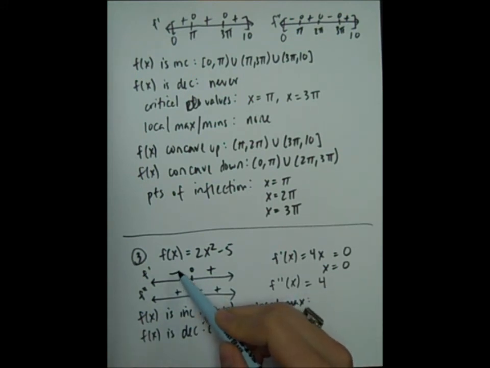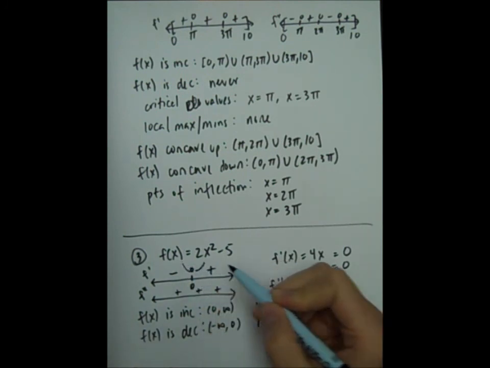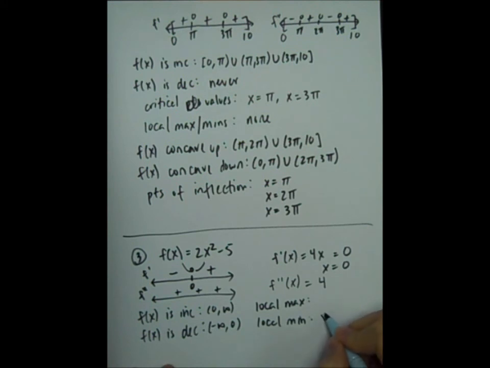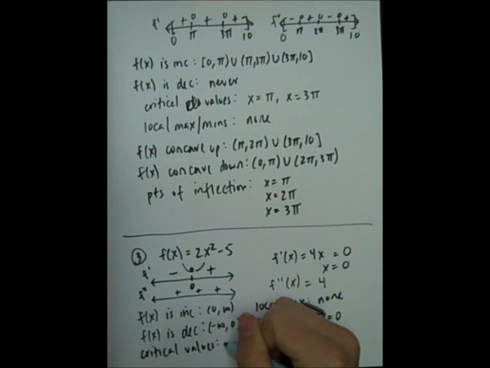Well, let's see. This says that the slope of my graph was negative and then became positive. So that's the local minimum at x equals 0. I don't have any local maximums. What are my critical values? I only had one. That was x equals 0.